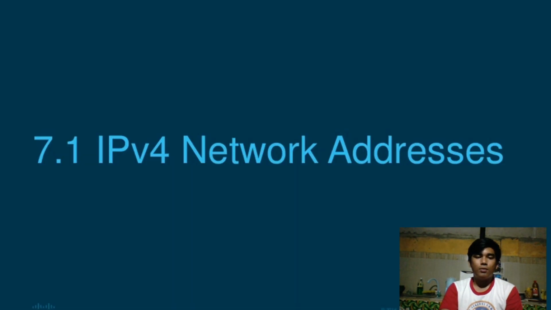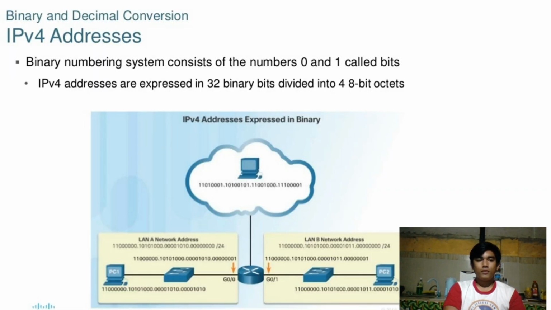For the 7.1 IPv4 network addresses, binary and decimal conversion. The binary numbering system consists of the numbers 0 and 1, called bits. IPv4 addresses are expressed in 32 binary bits, divided into four 8-bit octets.